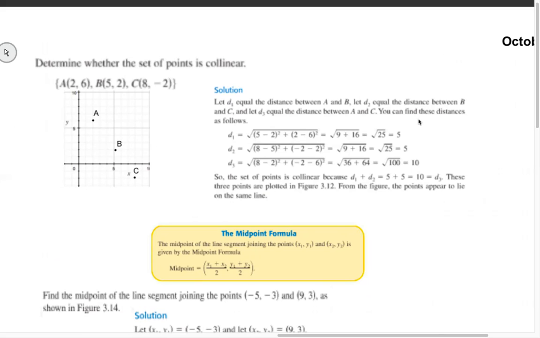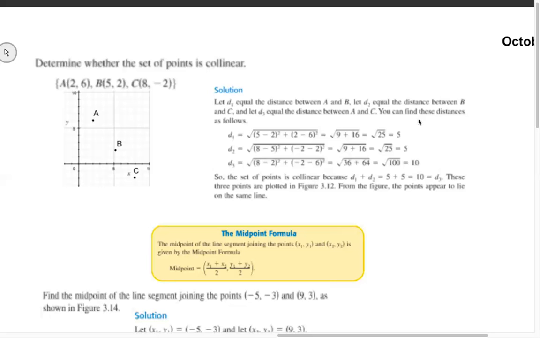Now, what they did here was they said, hey, well, we can use the distance formula for that, okay? So let D1 equal the distance between A and B, and let D2 equal the distance between B and C, and let D3 equal the distance between A and C. All right, so they did that. They calculated it here.